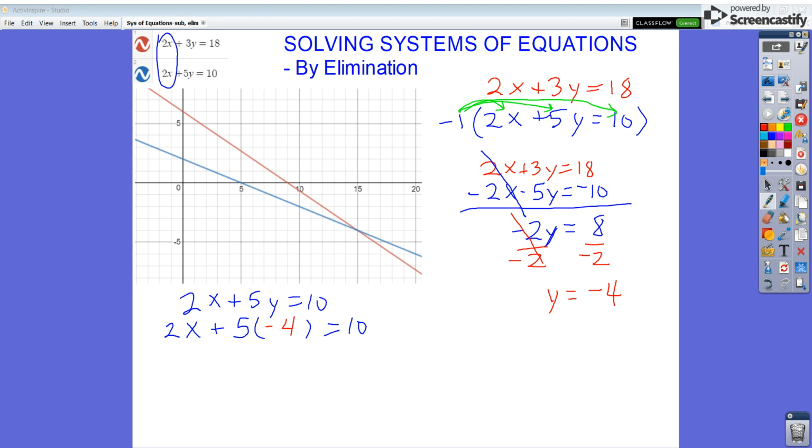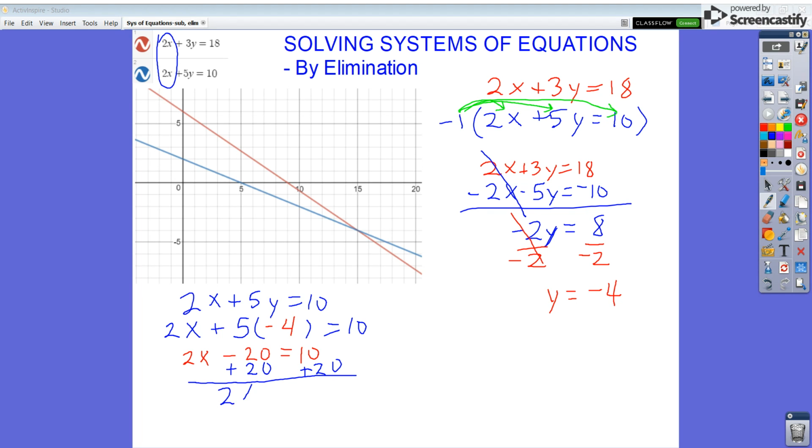So solving for x, 2x plus 5 times minus 4 is minus 20 equals 10. And then we're going to combine the like terms, which are the constants. So I'm going to add 20 to this side, which is the opposite, and do the same thing on both sides.